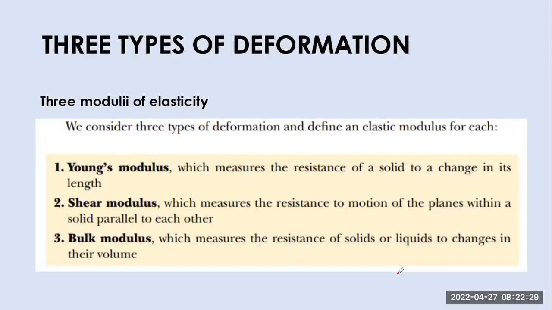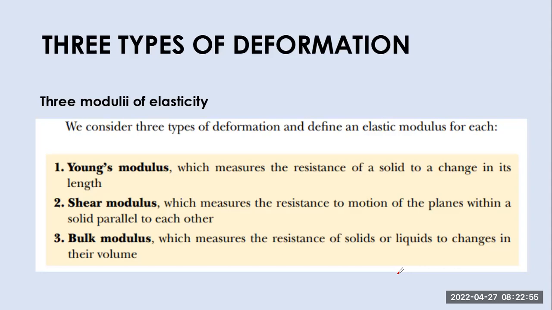So next, we have these three types of deformation or three moduli of elasticity. We consider three types of deformation and define an elastic modulus for each. So first we have Young's modulus, which measures the resistance of a solid to a change in its length.